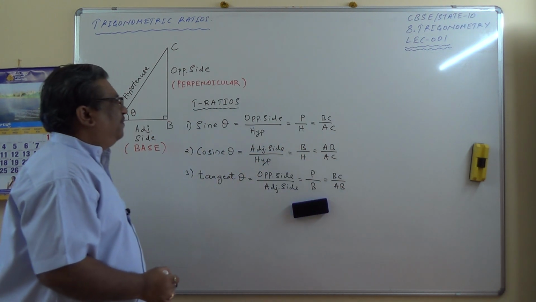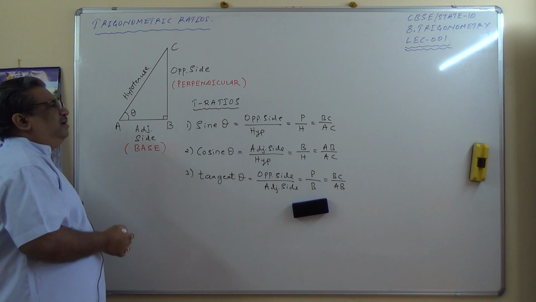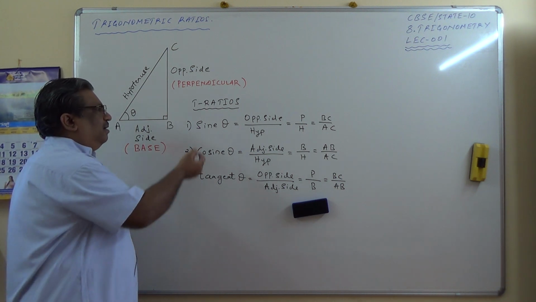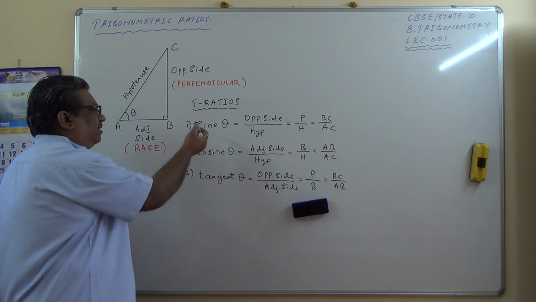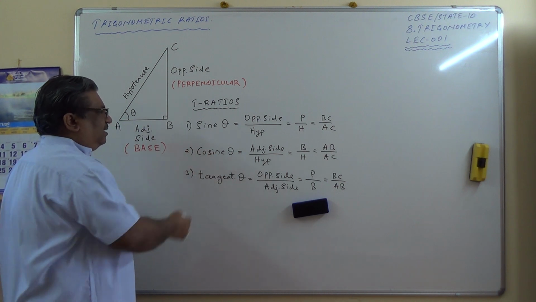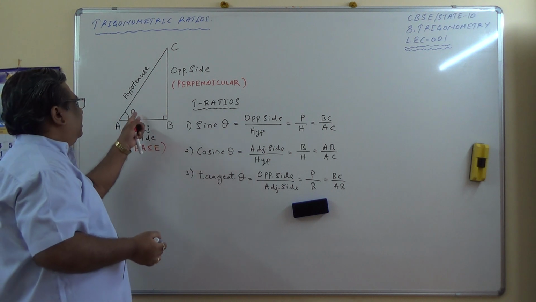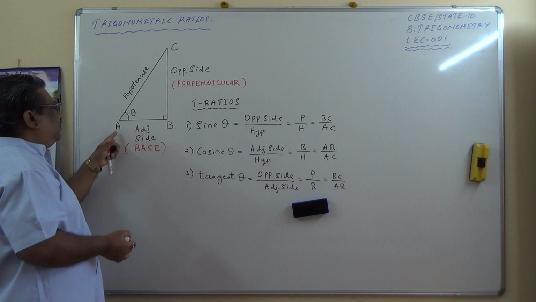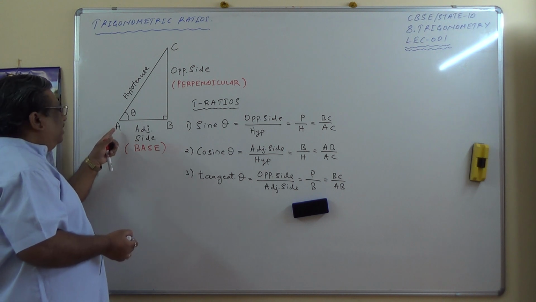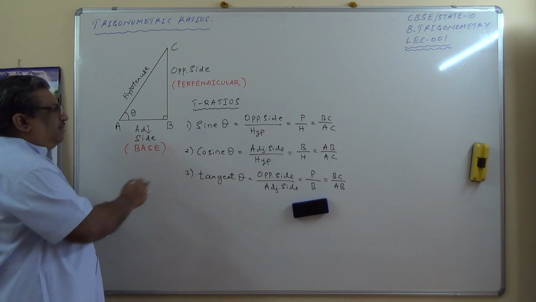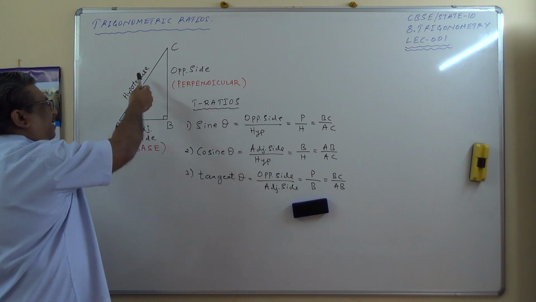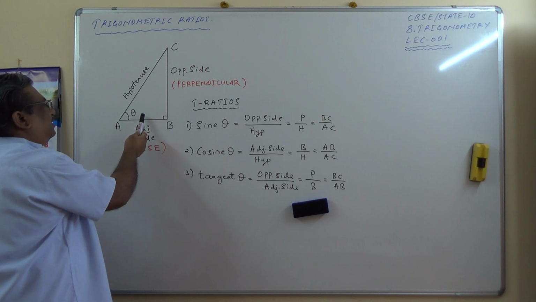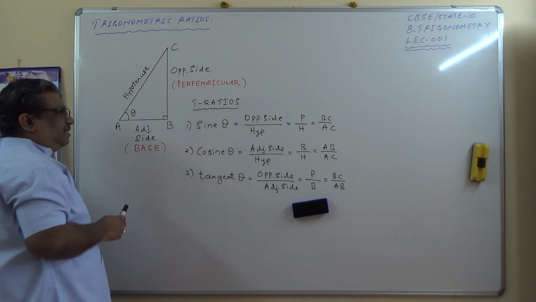These are the 3 T ratios, and another 3 ratios are the reciprocals of sine theta, cosine theta, tangent theta. Here please remember, theta is the reference angle. Instead of theta, I can also consider A as the reference angle. If A is the reference angle, in that case sine A equals opposite side by hypotenuse, cos A equals adjacent side by hypotenuse, and tan A is equal to opposite side by adjacent side.